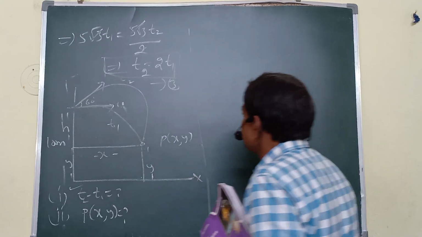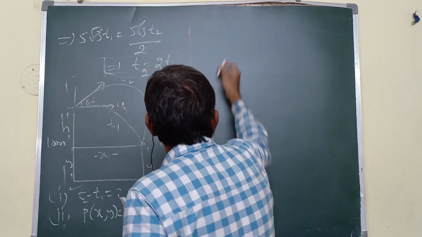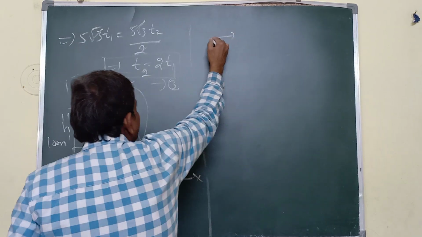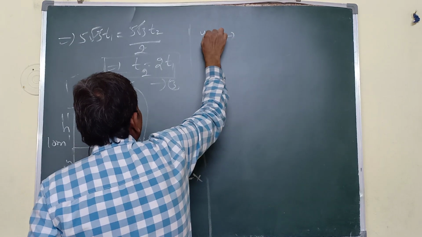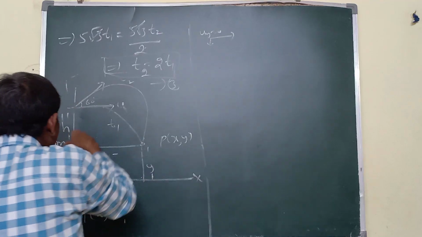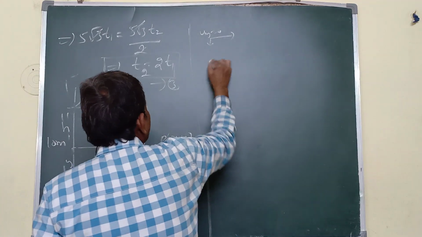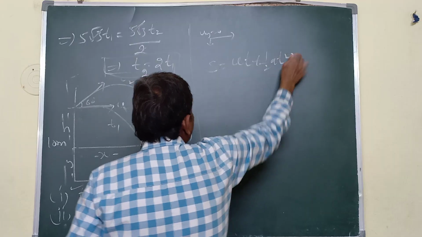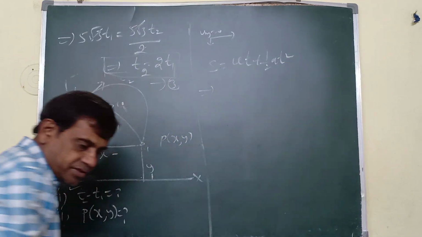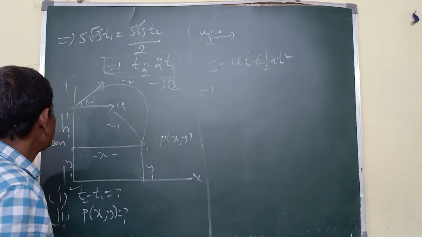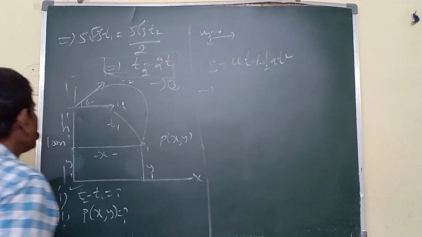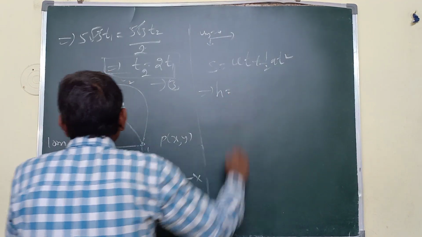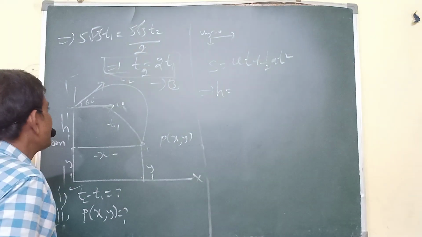Now I am taking this first body. In this, it is projected horizontally. So vertically what happens? Initial velocity is 0 only. It is traveling h displacement. Apply the formula S equals ut plus half at square. Now what is S? You write this as h. So h equals ut plus half at square. What is the u?